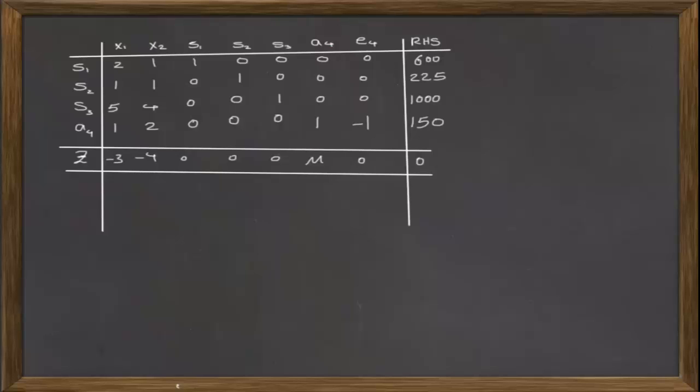Again, all the steps are very similar to the regular simplex method, where we are looking for the most negative value in the row of Z, and then we're trying to run the minimum test to find the exiting decision variable.